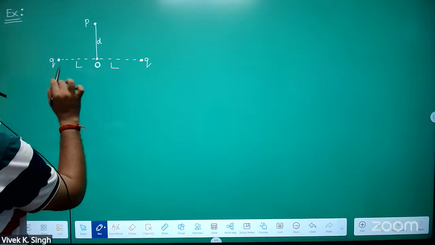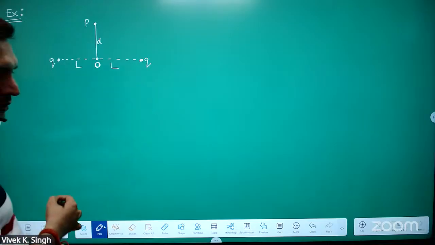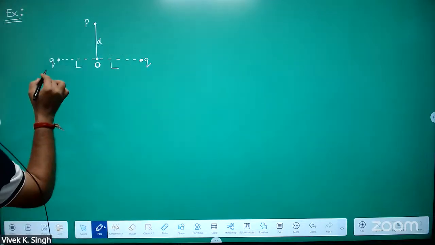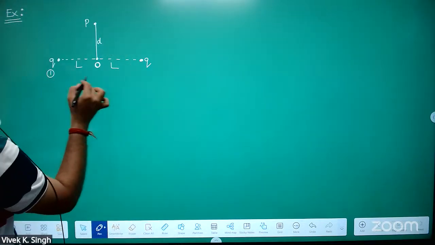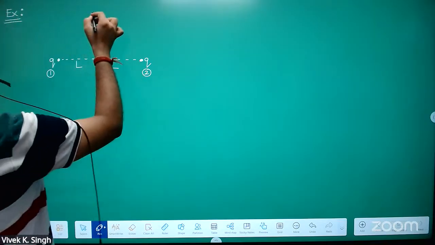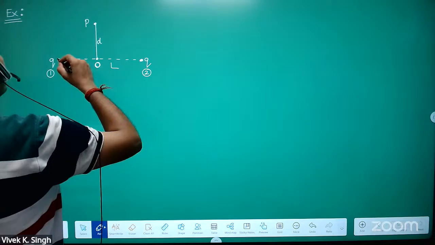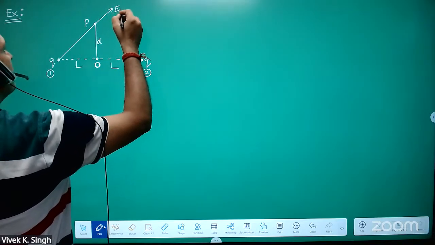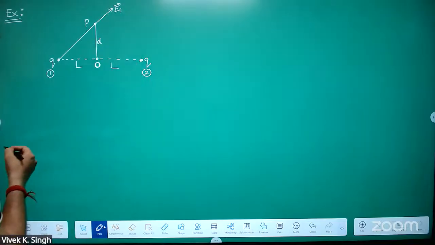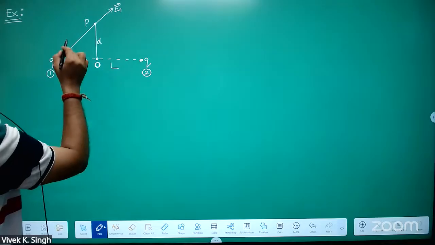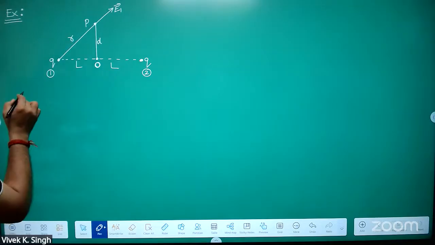You have to find the field due to individual charges, and then take the vector sum. Let's say this is charge 1 and this is charge 2. This charge is positive. What will be the electric field at this point? This is given by E1. Let's say this distance is small r.